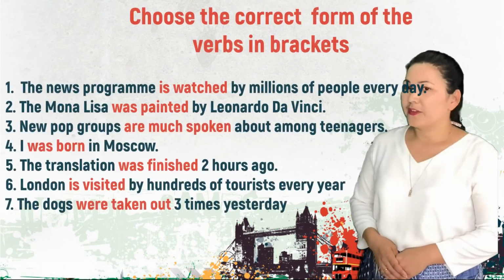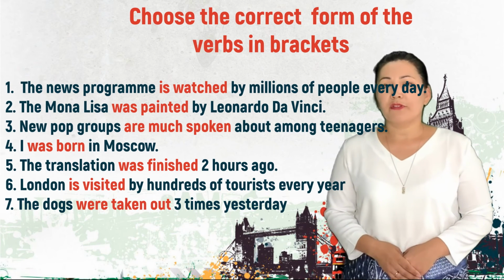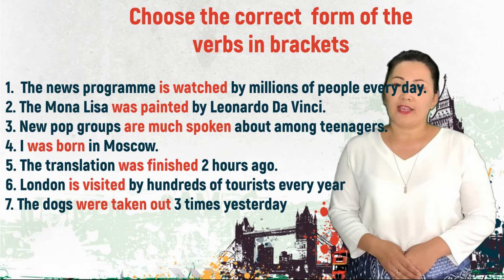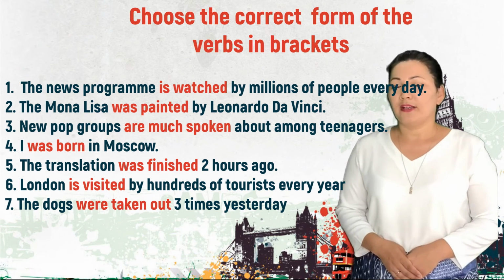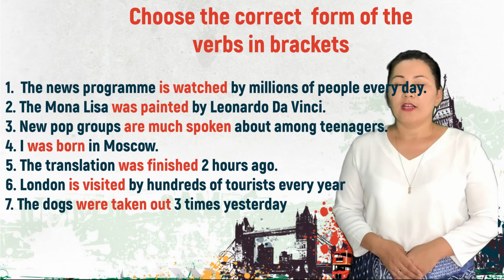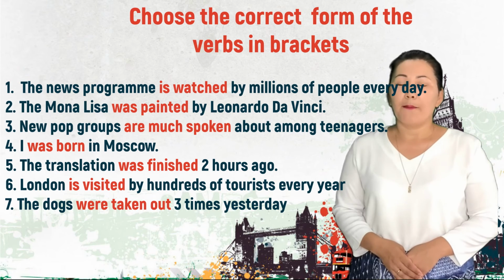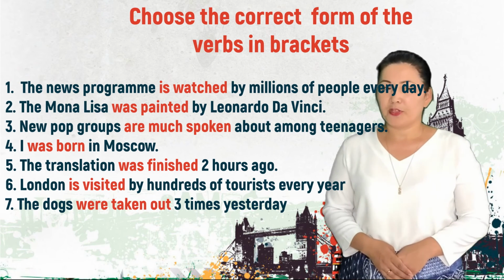Now let's check. First sentence. The news program is watched by millions of people every day. Second, the Mona Lisa was painted by Leonardo da Vinci. Third, new pop groups are much spoken about among teenagers.